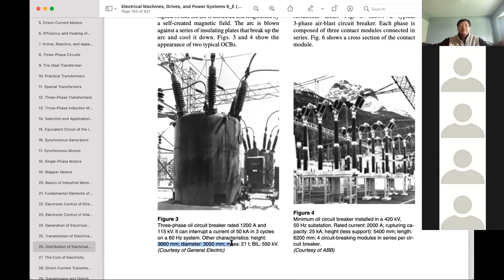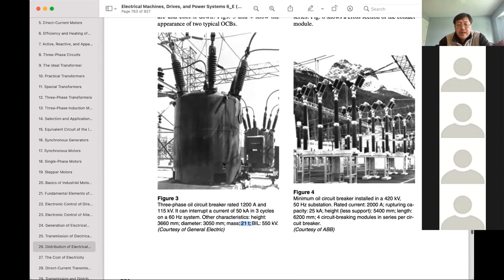So it's a big 10 feet by 10 feet, 21 tons. So that's one example of a circuit breaker.